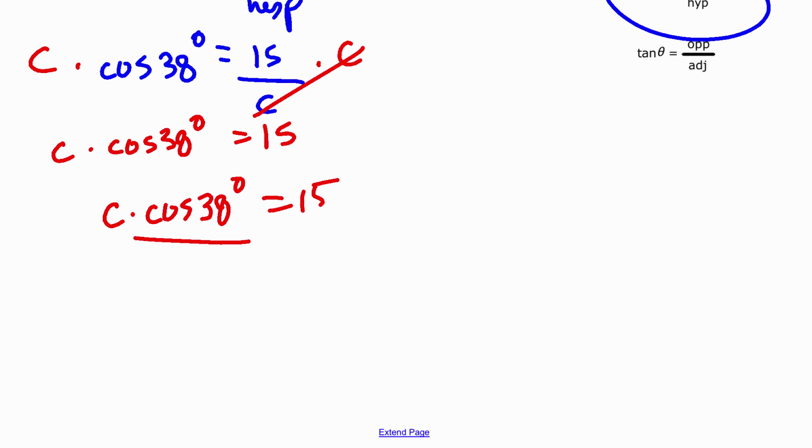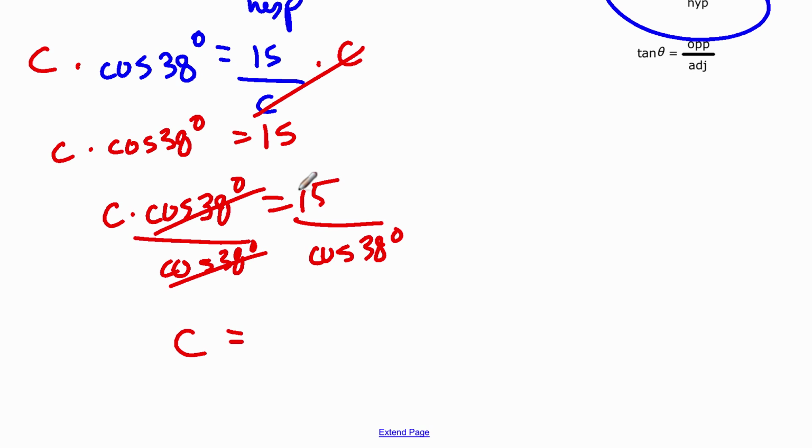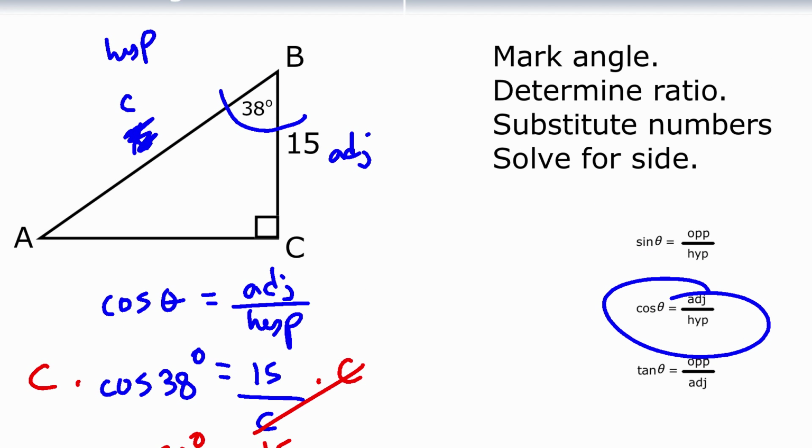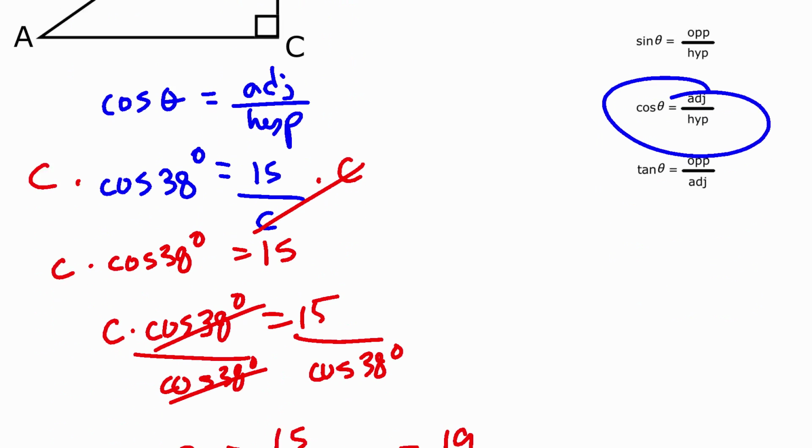On this side they cancel, leaving me with c, and then here I'll have 15 divided by whatever the cos of 38 degrees is. So on the calculator, I'm just going 15 divide cos 38, close my bracket, go, 19. So approximately 19. So that side right there is about 19, whatever it is, meters, feet, inches, whatever.